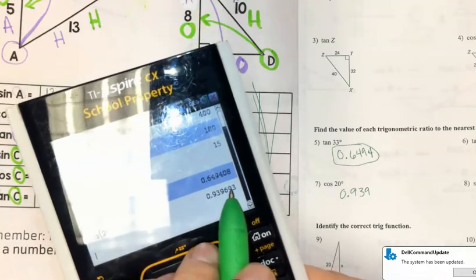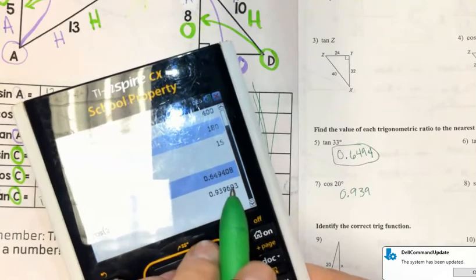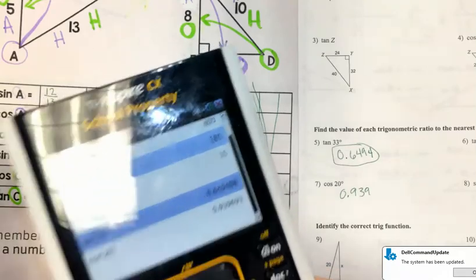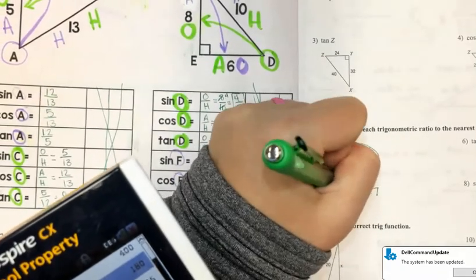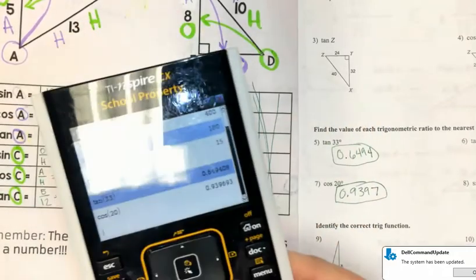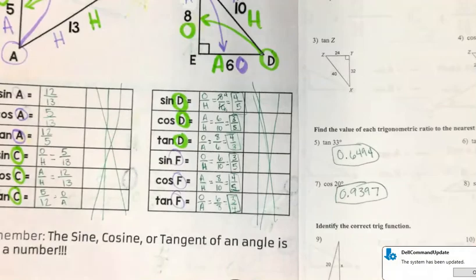And 9 is 5 or greater, so we're going to round up, so that ends up being a 7. Okay, so that's how you do these 5 through 8.